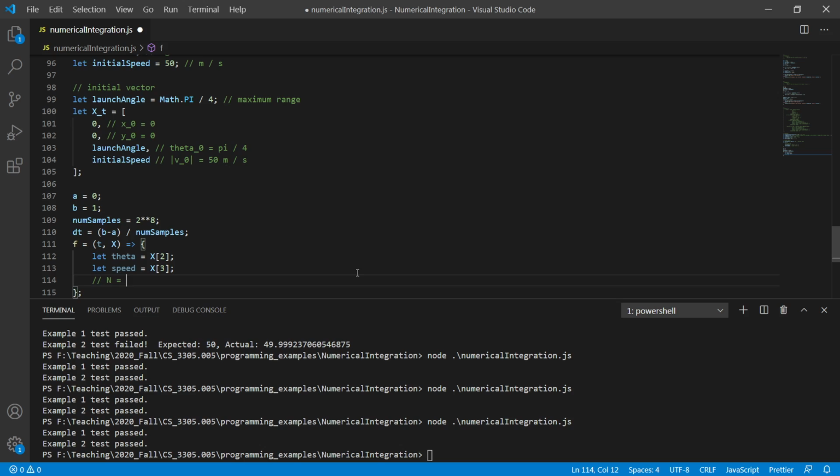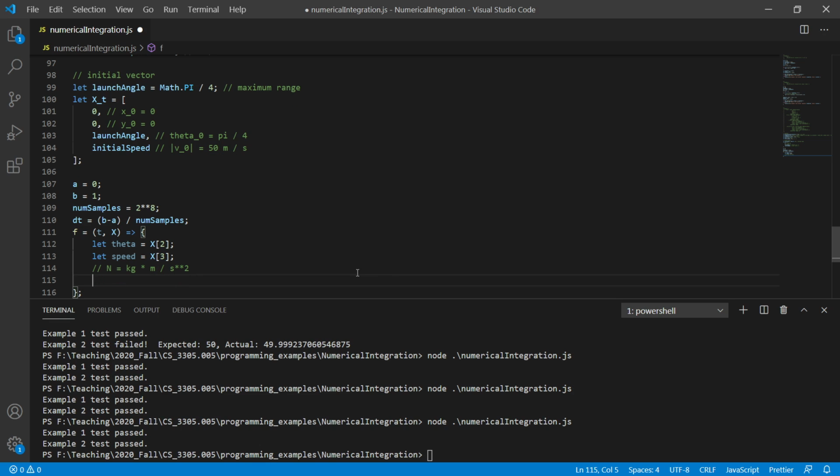And now we get introduced to drag. So drag is a force. It's a retarding force on the object traveling through space. And so force is measured in newtons, and newtons are mass times acceleration, or in units, kilograms times meters per second squared. So drag is the drag coefficient times the air density times the cross-sectional area times the speed squared divided by 2.